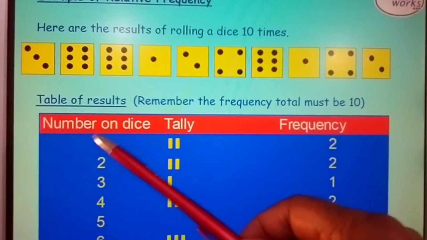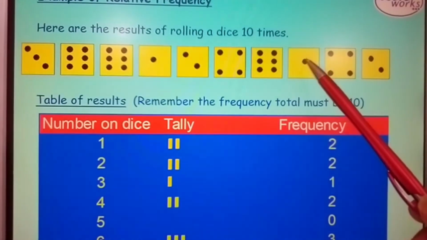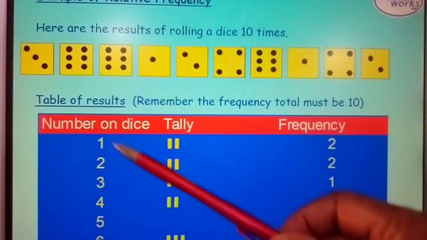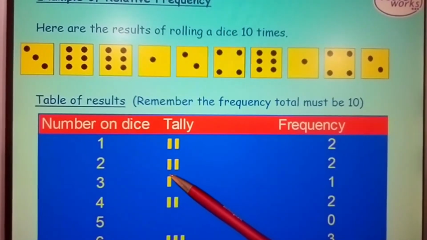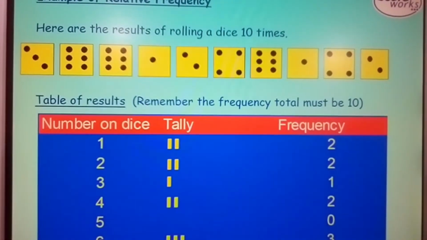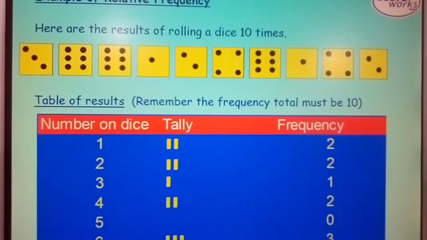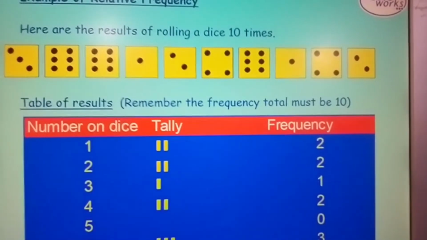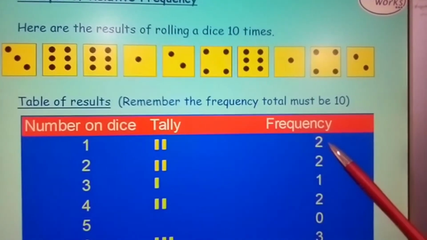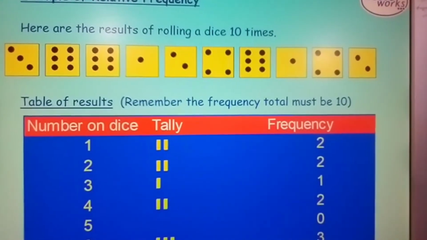Number on dice: 1 appeared twice, 2 had appeared twice, 3 had appeared once, 4 had appeared twice, 5 not at all, 6 had appeared 3 times. So we have given a frequency here: 2, 2, 1, 2, 0, 3.